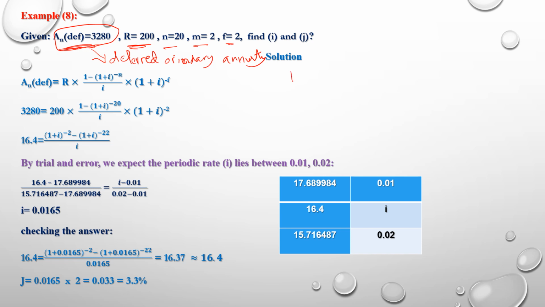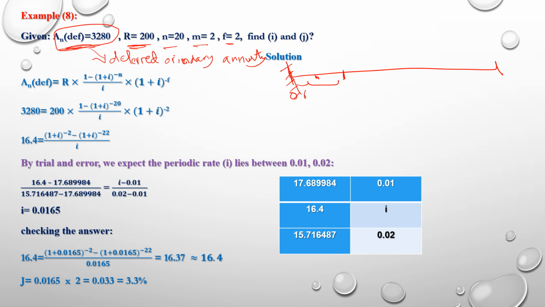We can draw our example. So this is now 0, and we need the present value of these payments, and these payments are deferred for 2 periods.